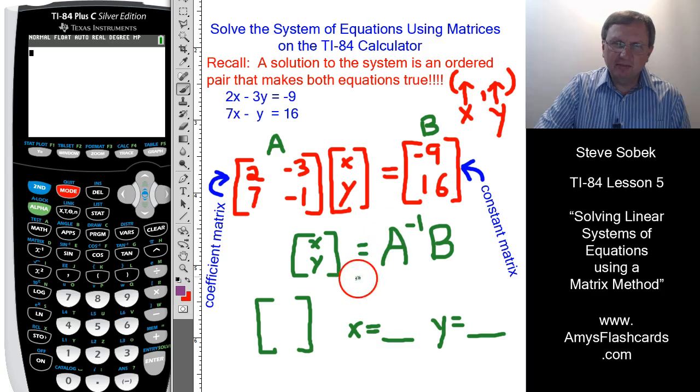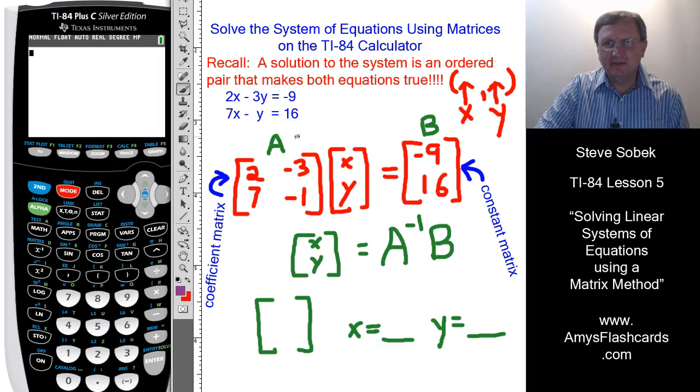But with the matrix method, I could tackle a 4-variable system with 4 equations in still less than a minute. That's how fast it takes to solve using this method.